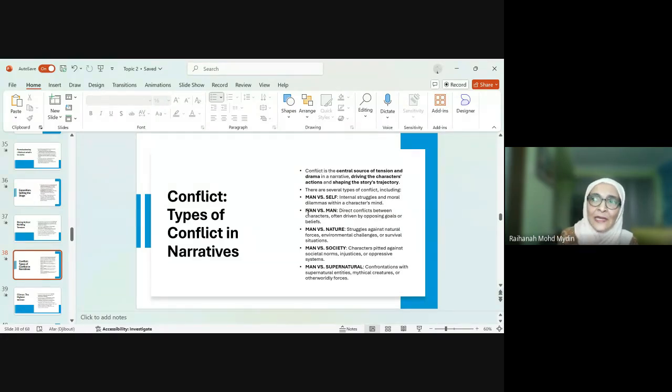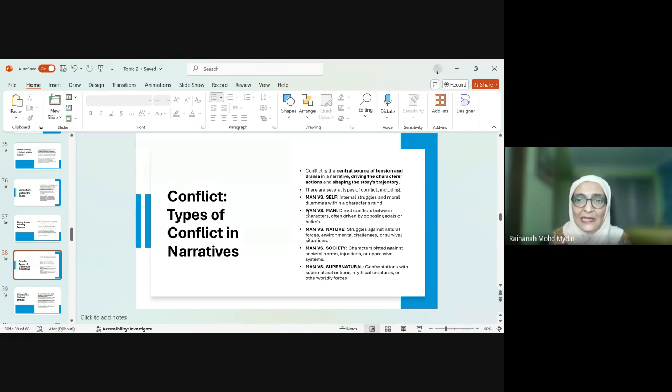And external types of conflict can be conflict between man and man, meaning individuals from opposing families, for instance, or different tribes, right? Or between the individual and an authority figure.